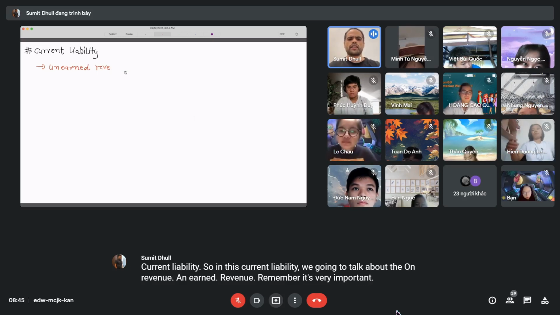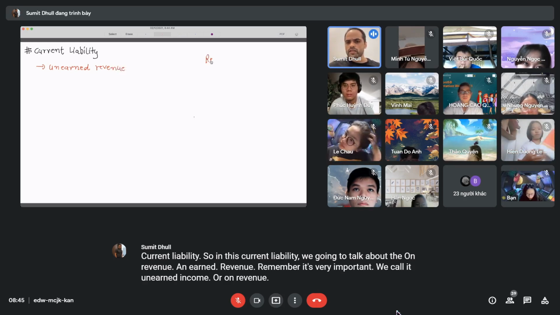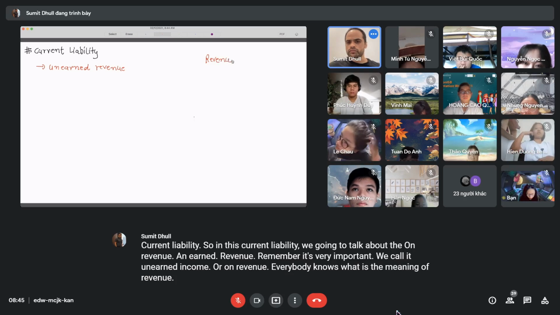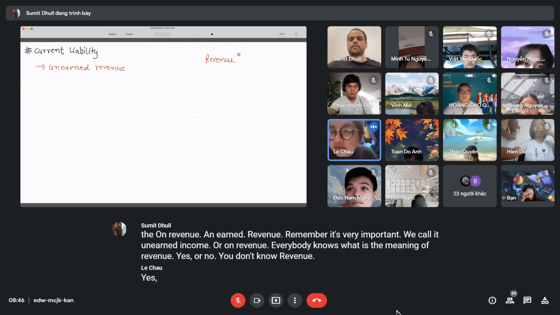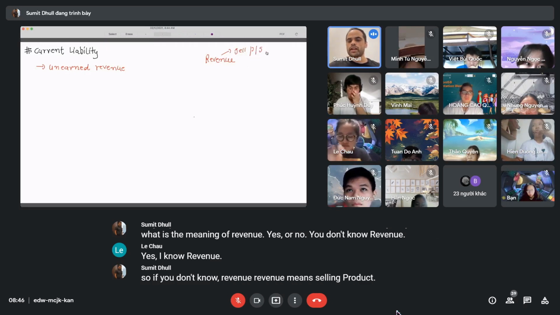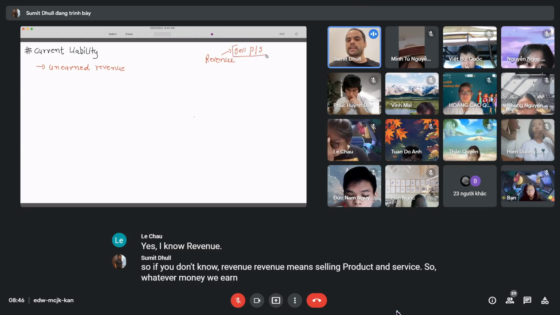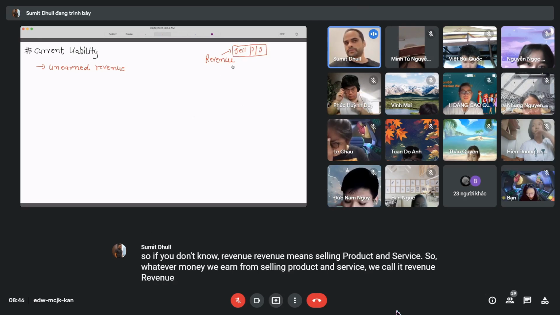We call it unearned income or unearned revenue. Does everybody know the meaning of revenue? Revenue means selling product and service. Whatever money we earn from selling product and service, we call it revenue. Revenue is your income. You're making money by selling product and service.